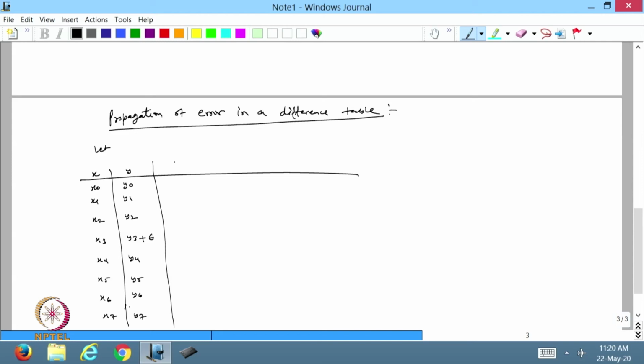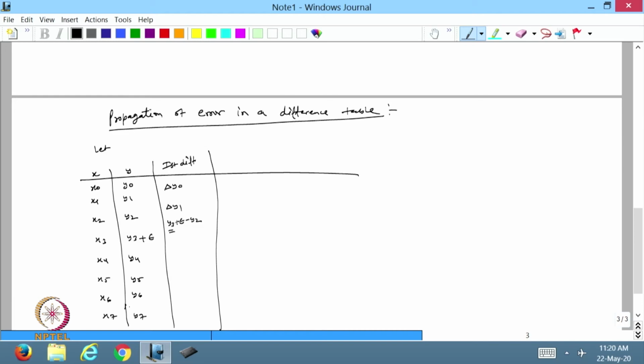Now, let us take the first difference. Maybe I can write it in forward differencing. So, this will be equal to y naught, this will be equal to y 1, this will be equal to this minus this. So, I will get y 3 plus epsilon minus y 2.